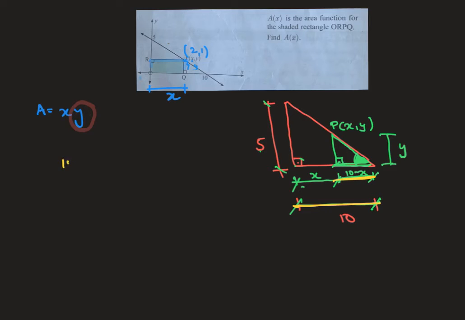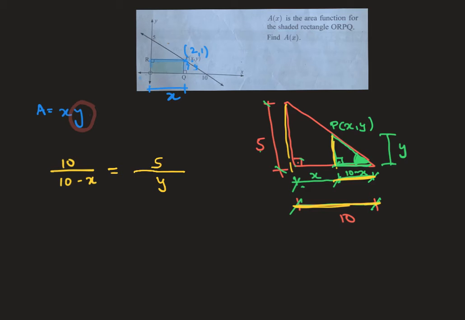That's the first ratio. We started with the bigger one, with the 10, which means now in the numerator we're going with the bigger triangle as well, which is 5 divided by the height of the smaller one, in this case y.